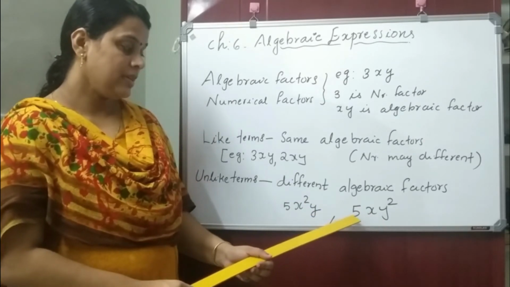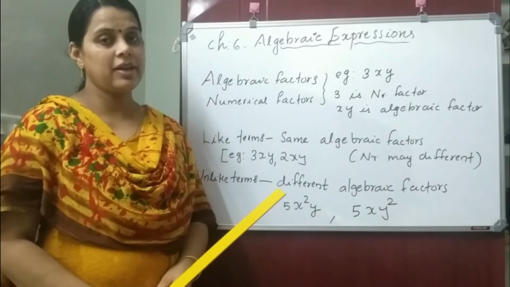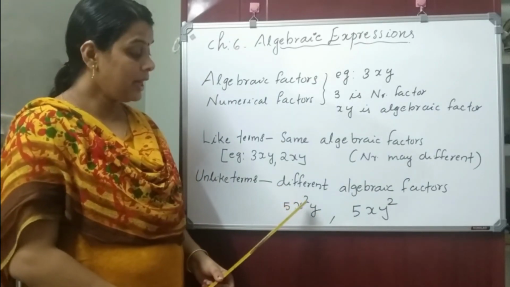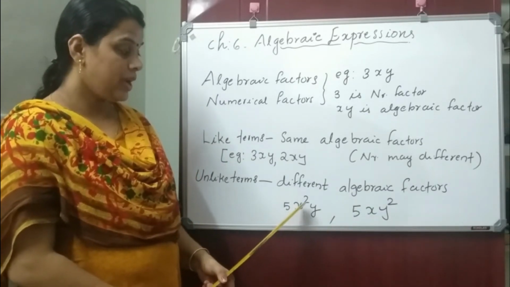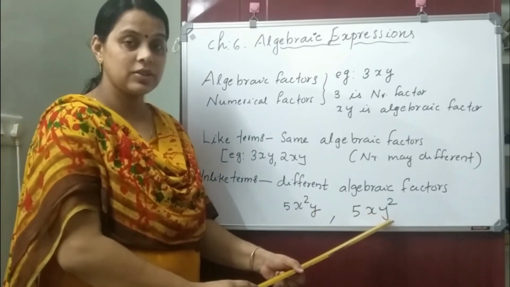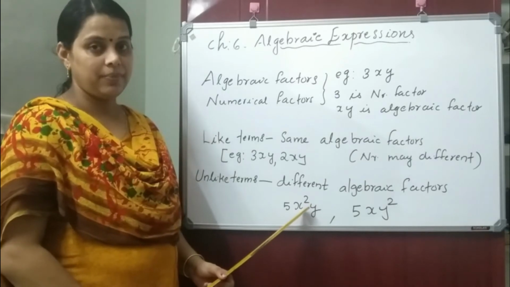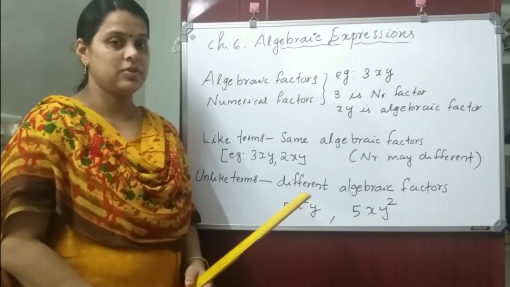Here 5 is a numerical factor and x, y square are the algebraic factors. We can see numerical factors are the same but the algebraic factors are different. Here x square but here it's x. Here y, here is y square. So algebraic factors are different, so we can say these two terms are unlike terms.